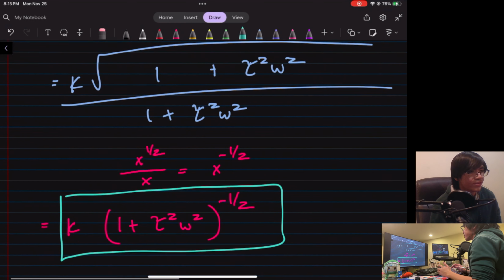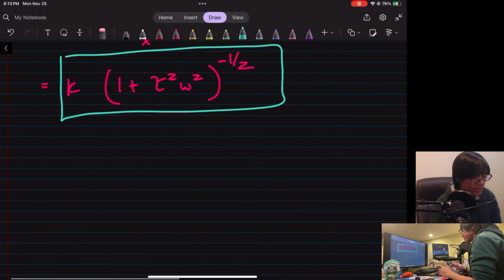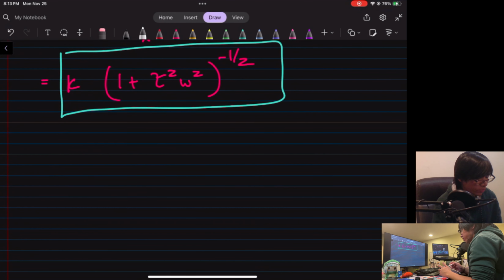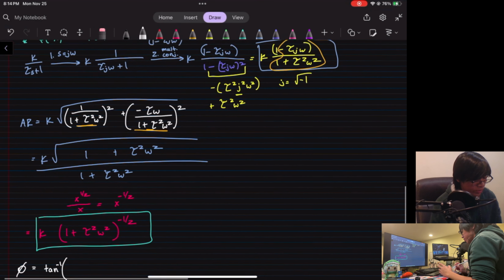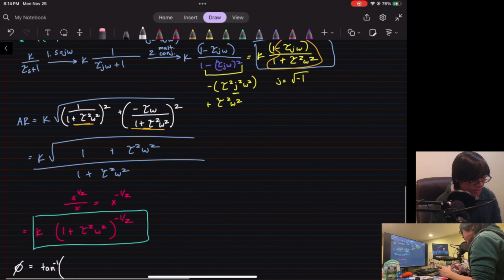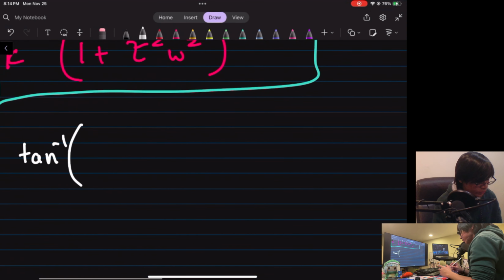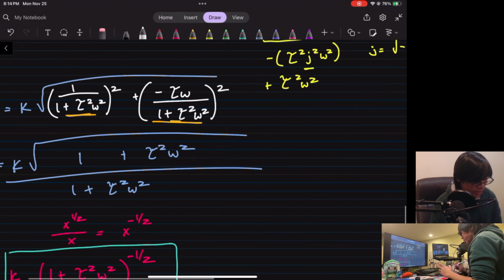I actually don't think this is even a problem, but now we actually get to the phase lag, which is what we're concerned about. So this would be the imaginary over the real and arctangent of that. So what is the imaginary over the real? I'll write it explicitly again. So that was 1 over the 1 plus tau squared omega squared, then over the imaginary portion.